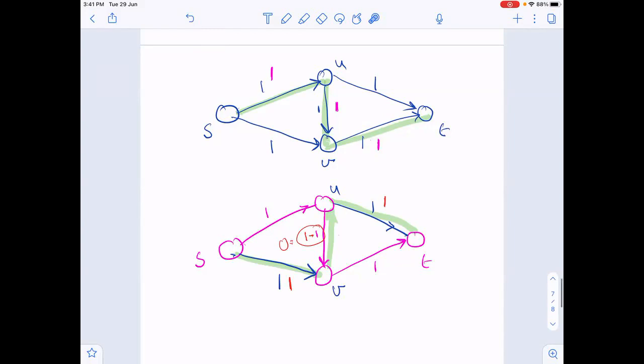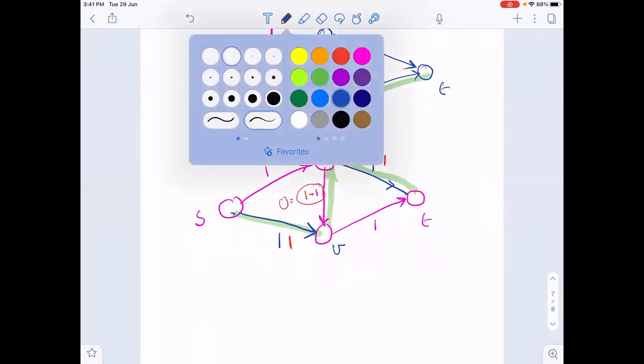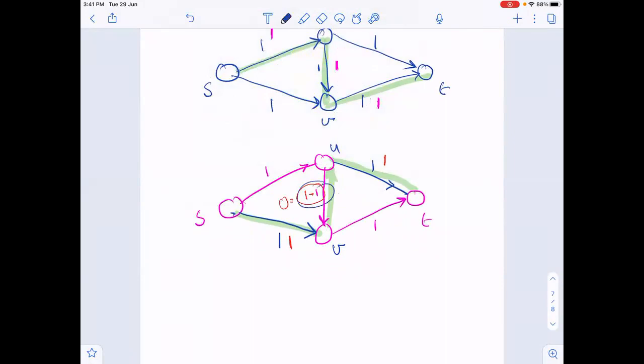Yeah. So look at this one, right? Initially I had some capacity. So the initial capacity is C of UV. Maybe let's look at this one, C of VU.